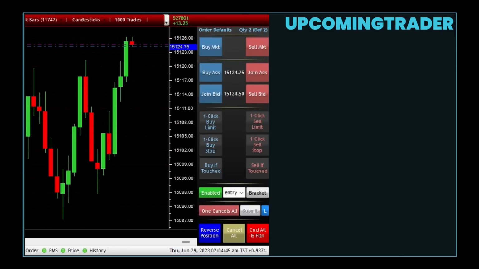Whether you're drawing trend lines or deciphering the market direction, interpreting candlestick patterns to predict price reversals, or assessing support and resistance levels to understand price limits, every aspect contributes to a successful price action trading strategy.